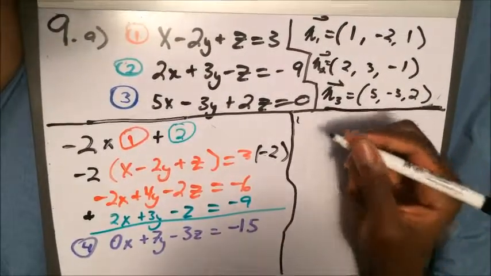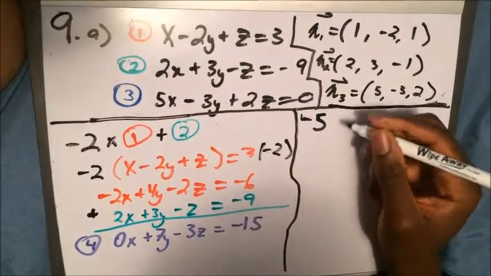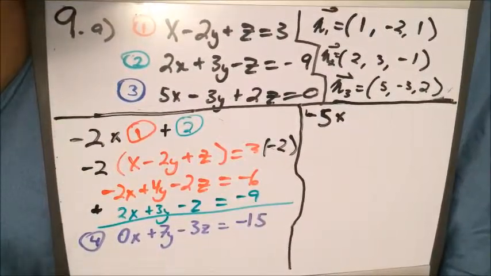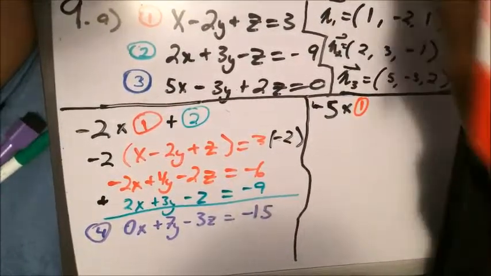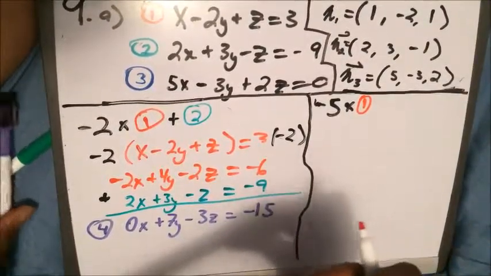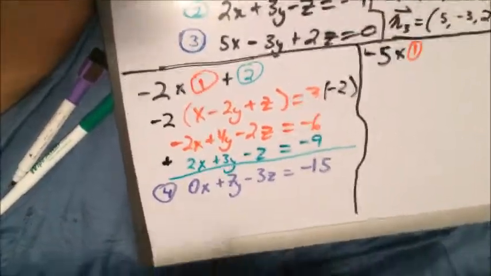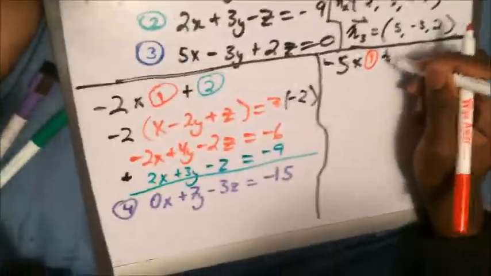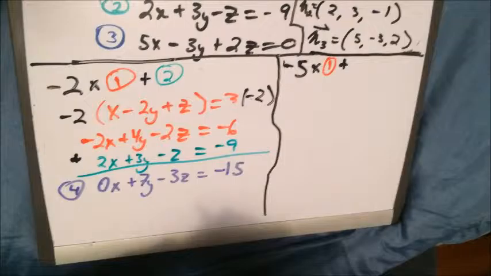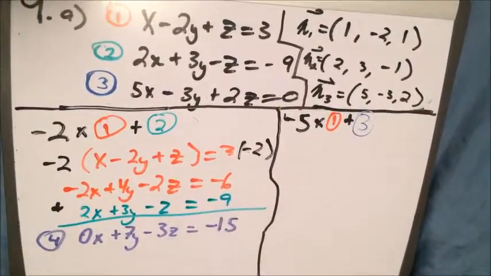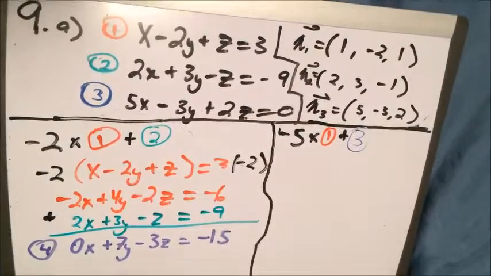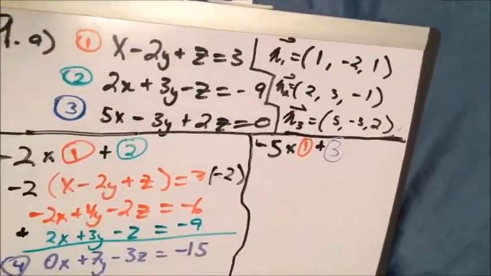So that's negative 5 multiplied by equation 1 plus equation 3, and that should give us our fifth equation.